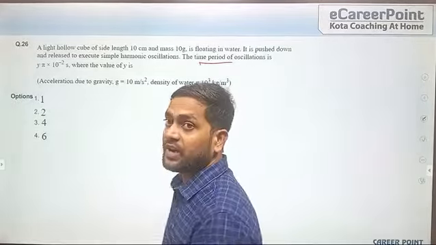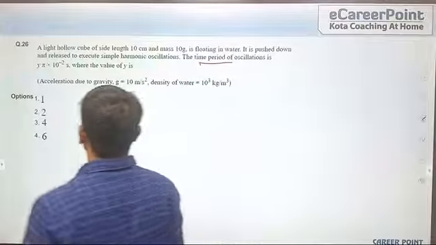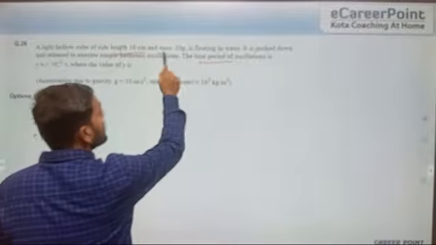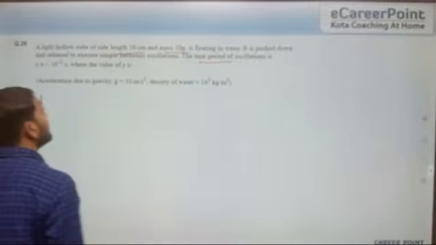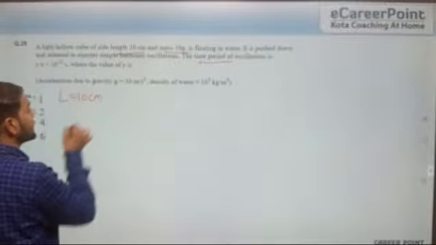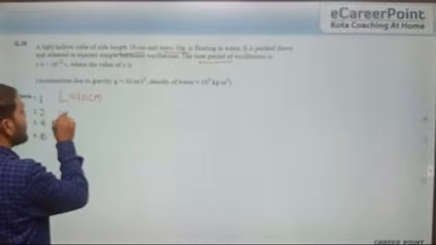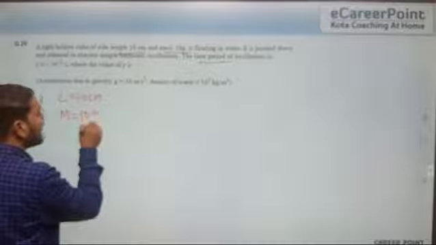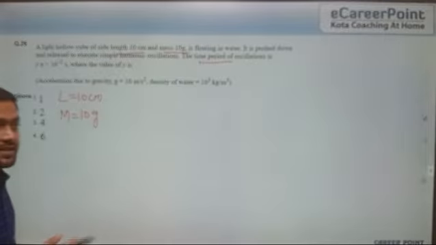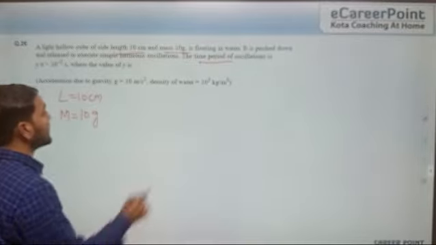First we have to write the given data. The length is 10 centimeters and the mass is 10 grams. Let us convert these into meters and kilograms.